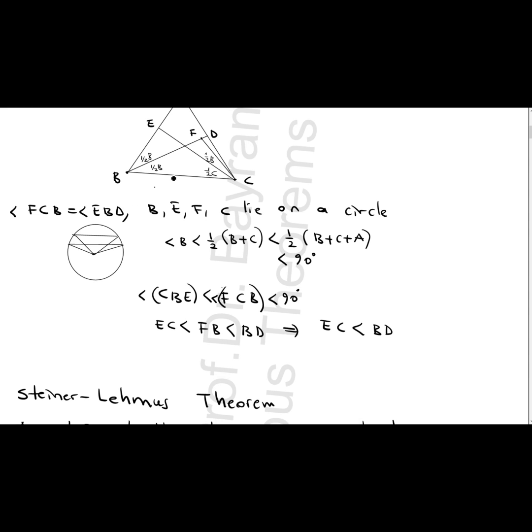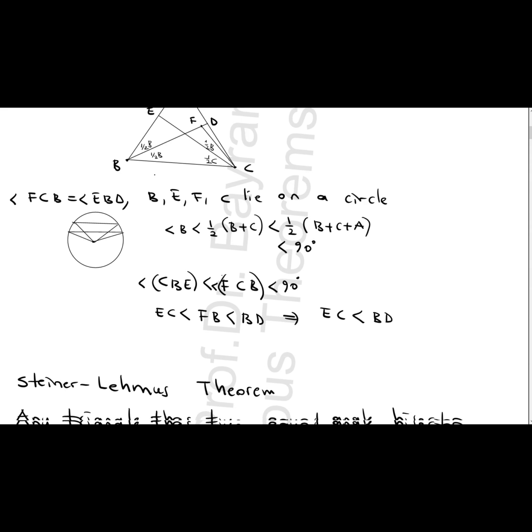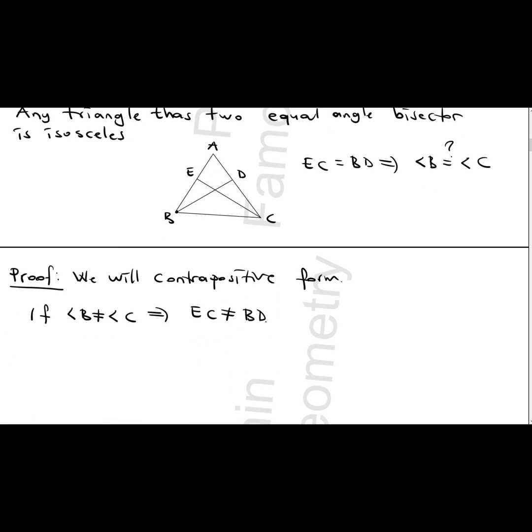If B and C are not equal, and B is smaller than C, then the bisector will be longer than the other bisector. So we actually proved this idea. After writing this form, it is clear from the lemma, so there is nothing to prove here. So our proof is now complete. You see, this is a very nice proof.